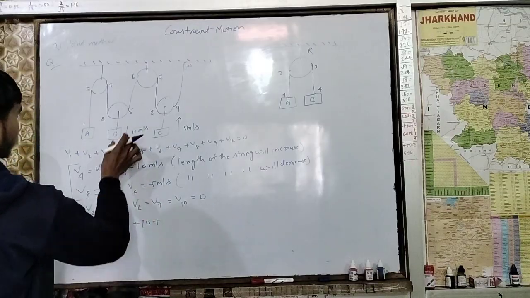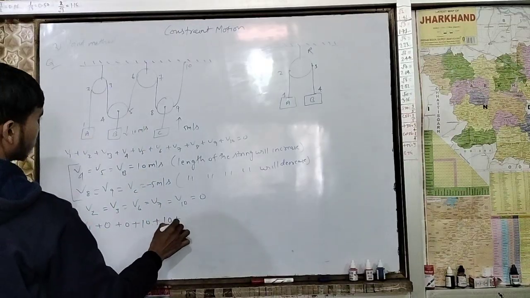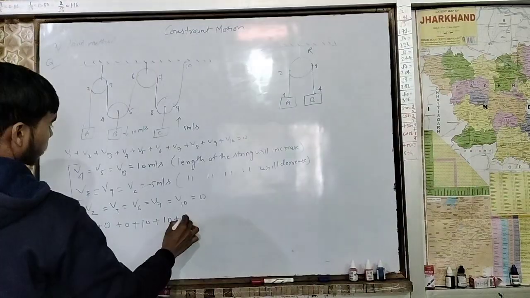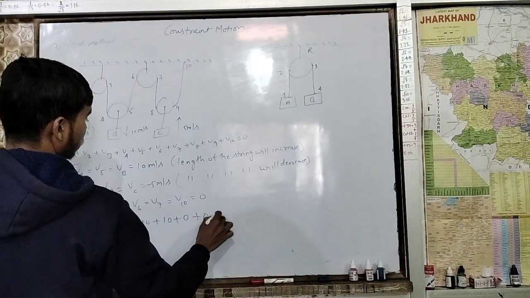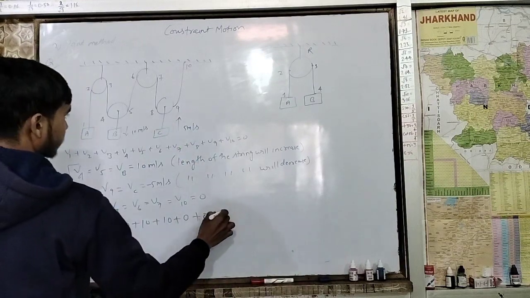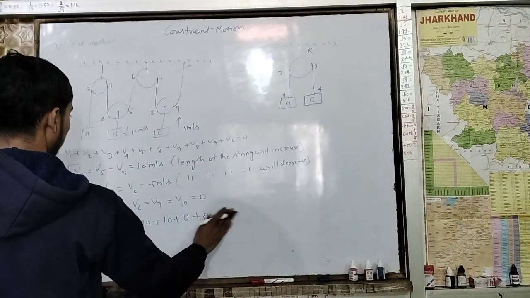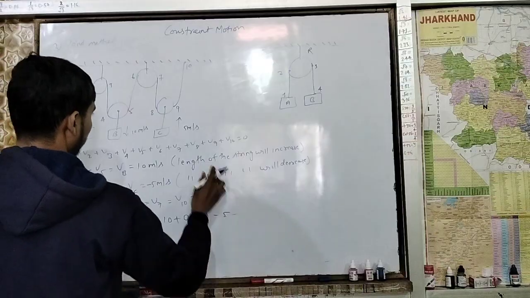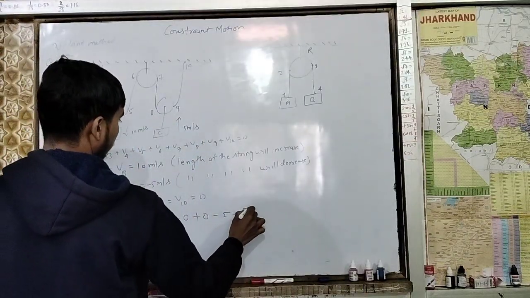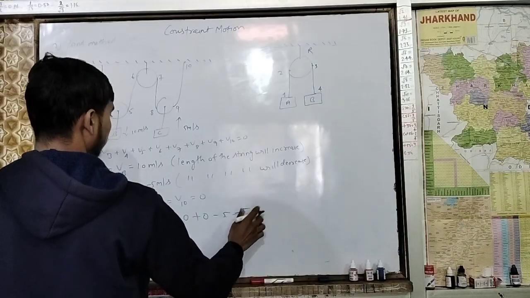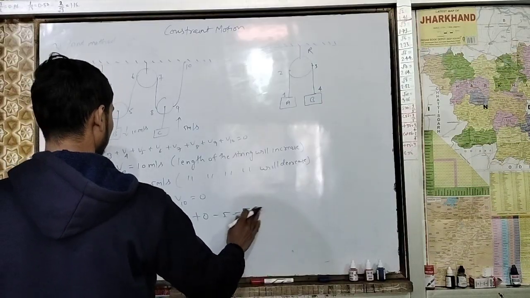And velocity of 5 is also 10. Velocity of 6 is a 0. Velocity of 7 is a 0. Velocity of 8 is a 5, but minus 5. Velocity of 9 minus 5 again. Velocity of 10 is a 0.